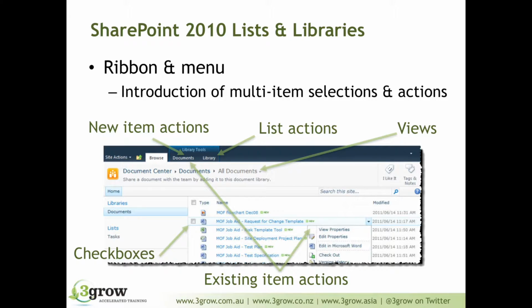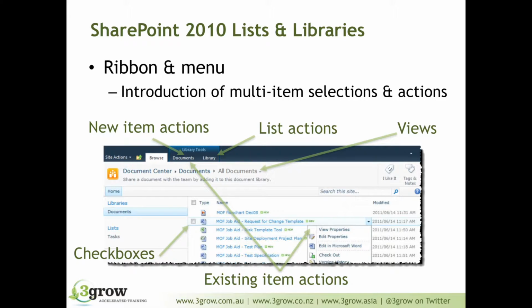Whether that's checking out multiple items, checking in multiple items, or deleting multiple items, that's not something we were able to do in SharePoint 2007. Everything was done on an individual item basis in that version.